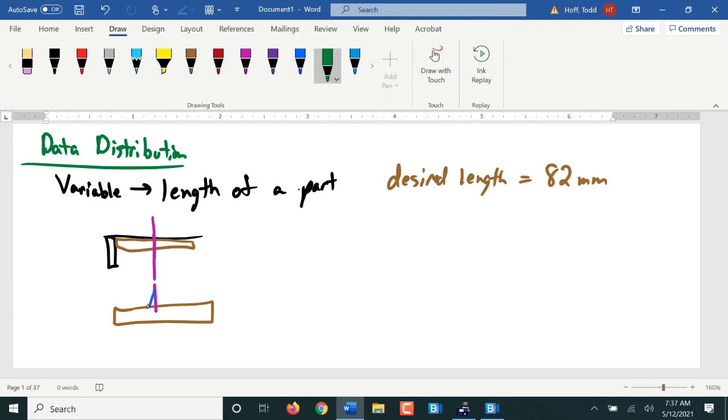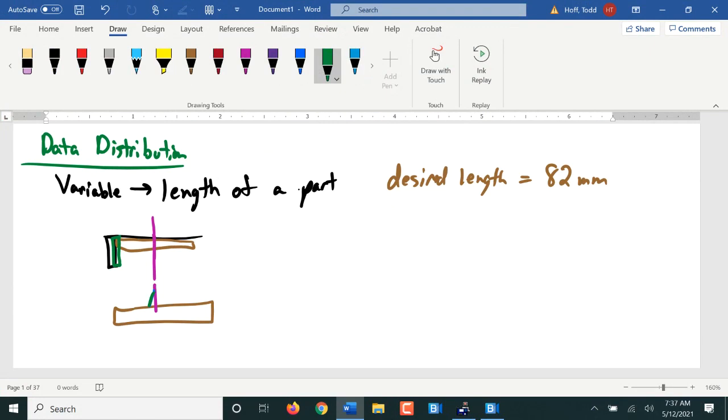If it's always pushing to one side, we know there's a problem with the setup. Maybe our jig got moved and got pushed in closer or further away. Or maybe the teeth on the saw got bent. And so that when they hit, those bent teeth are always pulling the saw off to one side.